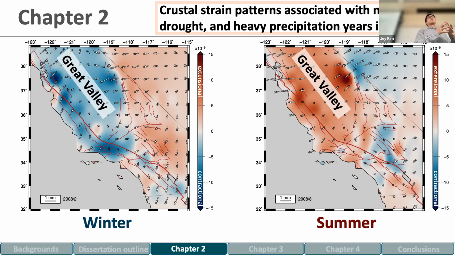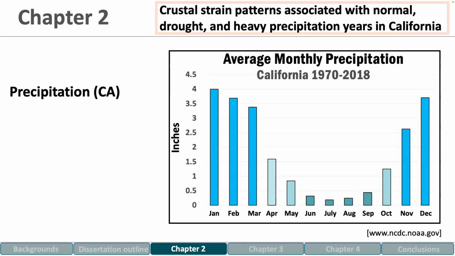But during the summer, the strain pattern is opposite because they are moving away. And it repeats. And after I saw this kinematic model, I wondered what's the dynamics, what drives these seasonal variations shown in horizontal deformation.